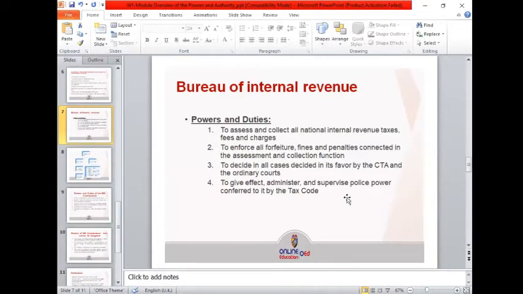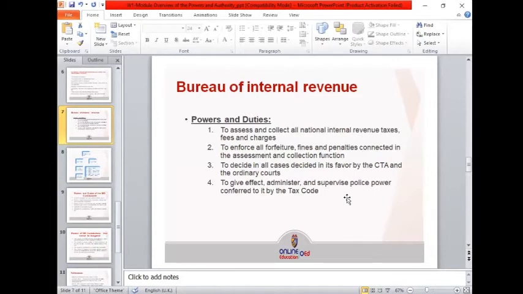And also to decide in all cases decided in favor of the Court of Tax Appeals and also the ordinary courts, and to administer and supervise the police power conferred by the tax code. When we say police power, it is the power to protect the welfare of the people.